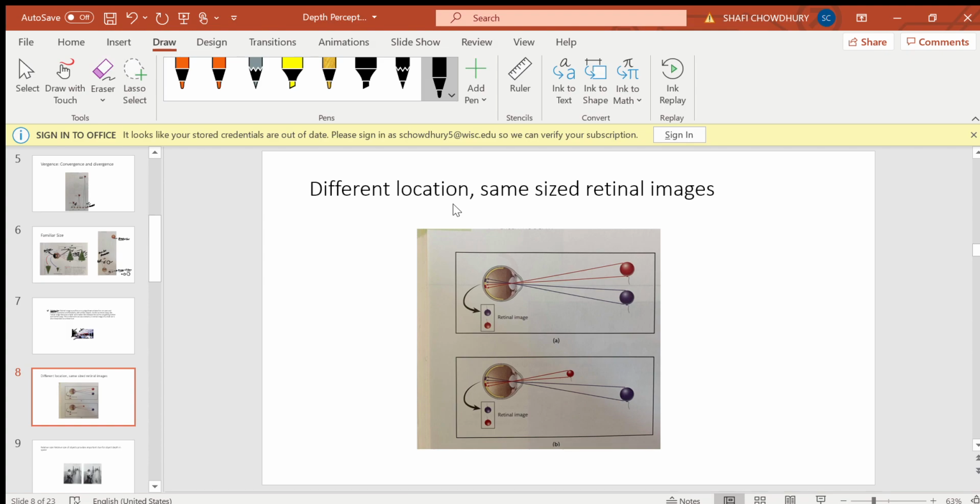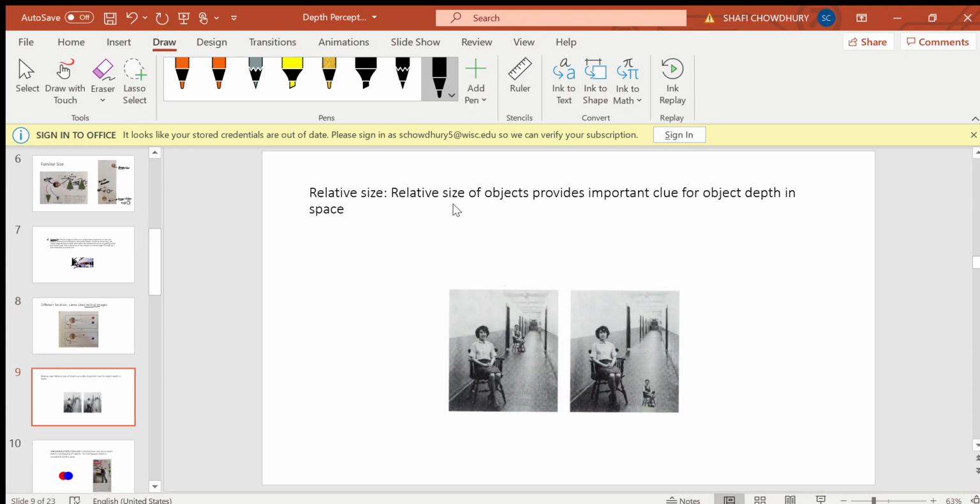So we actually talked about the retinal image size and how it can change and give your brain clues of distance or depth. Relative size, this is another interesting, very commonly used picture. You see, we know that the two people are almost the same size as human beings.